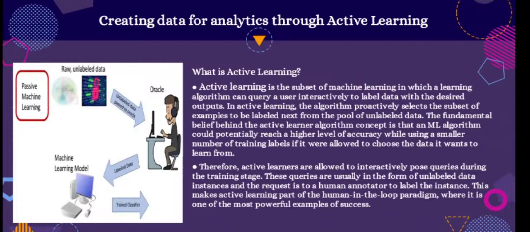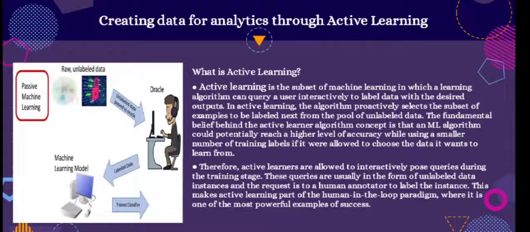Next is, what is active learning? When we say active learning, it is the subset of machine learning in which a learning algorithm can query a user interactively to label data with the desired outputs. In active learning, the algorithm proactively selects the subset of examples to be labeled next from the pool of unlabeled data.